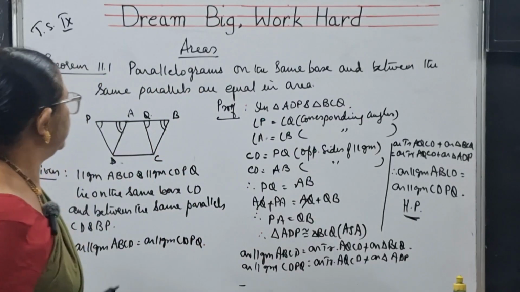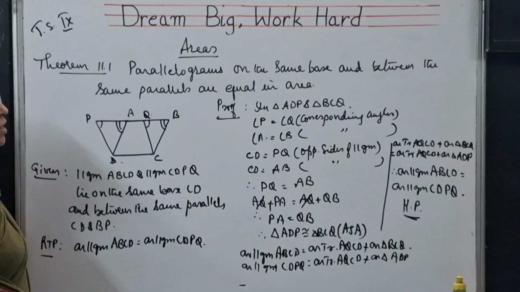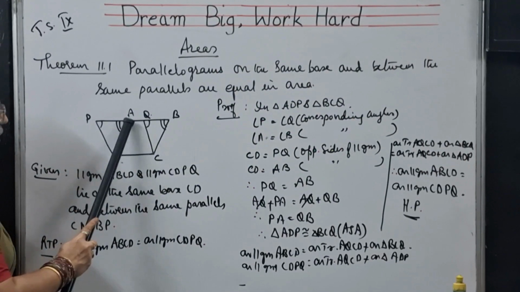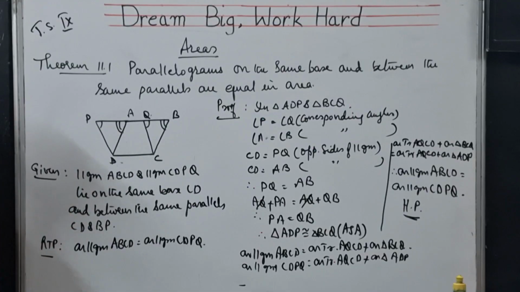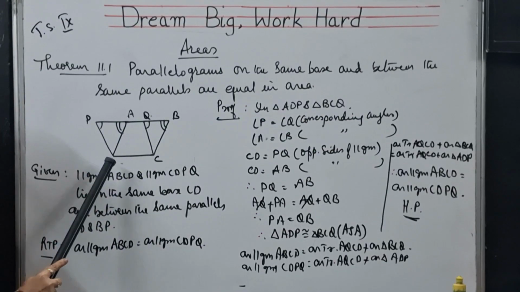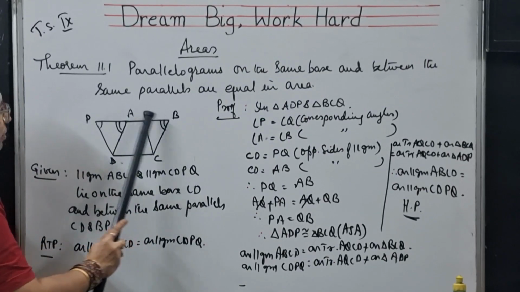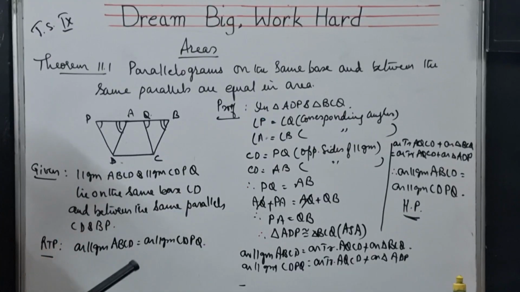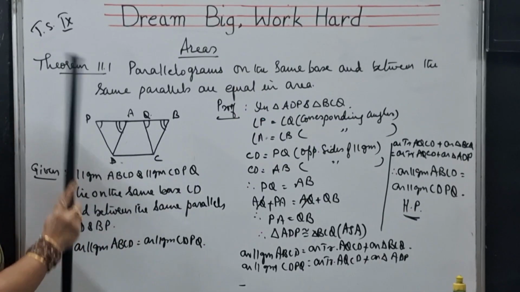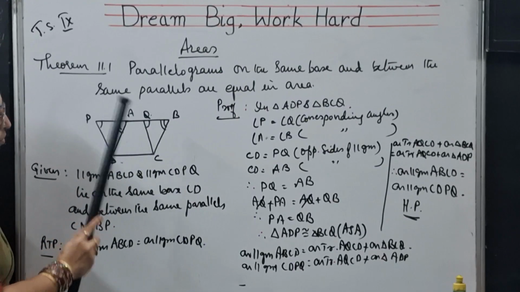Once again, let me teach you. Parallelograms on the same base and in between the same parallels are equal in area. So here ABCD is one parallelogram and CDPQ is another parallelogram lying on the same base CD and in between the same parallels BP and CD. Now we need to prove that area of parallelogram ABCD is equal to area of parallelogram CDPQ.